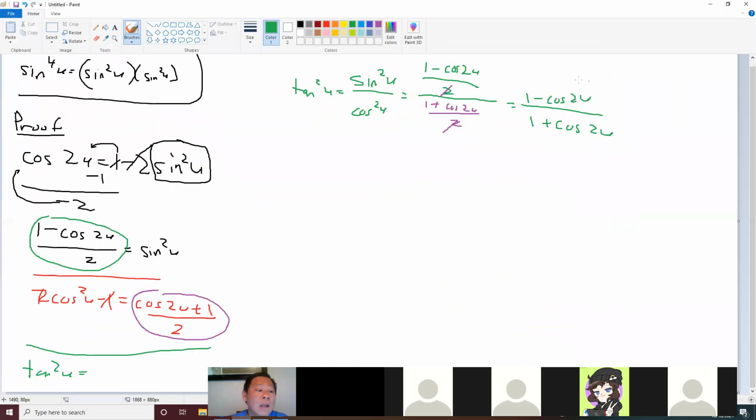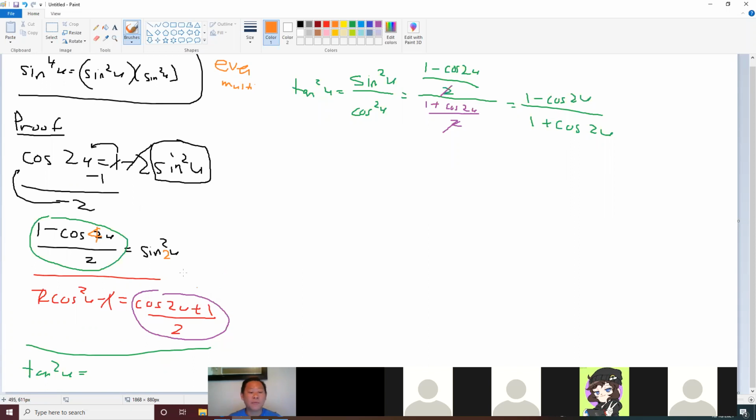Now, this power reducing also works for multiple even multipliers. Remember the even multiplier that I told you just now? So that means that if I have a sine square 2u, then this is no longer 2u, you have to double it. So this will become 4u.